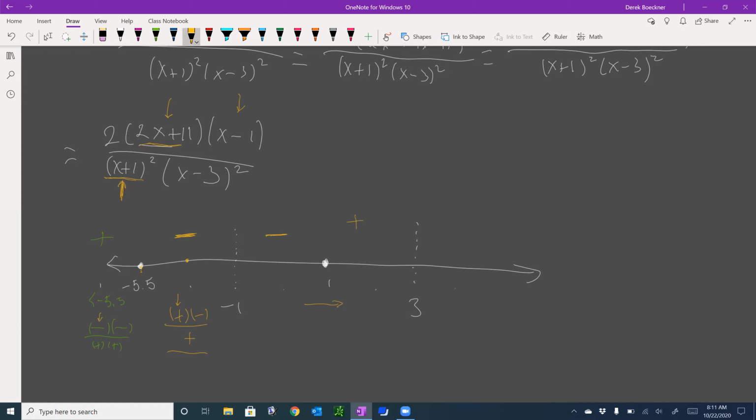And so this will be positive on this interval. Crossing over this asymptote, the factor that changes will be this factor. It's always positive, so nothing actually changes. It'll stay positive there. Are we all good with how I sort of shortcutted through that computation stuff?